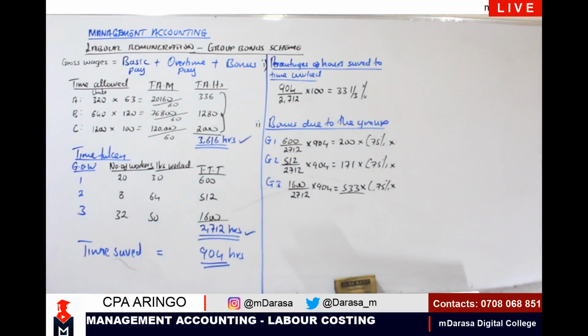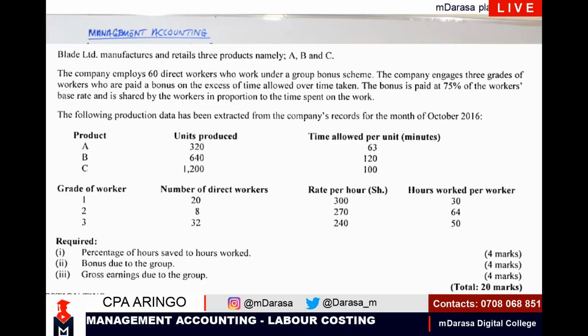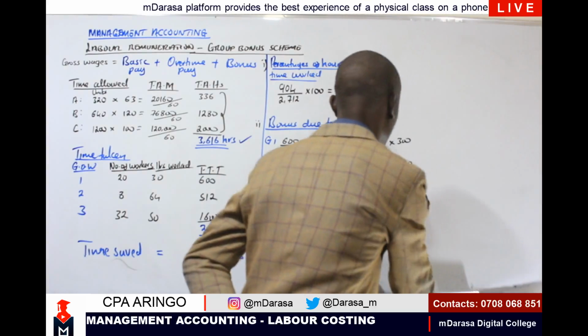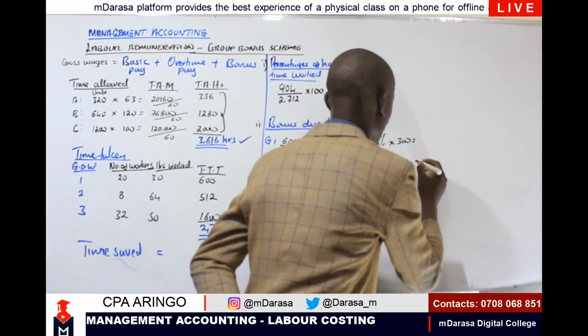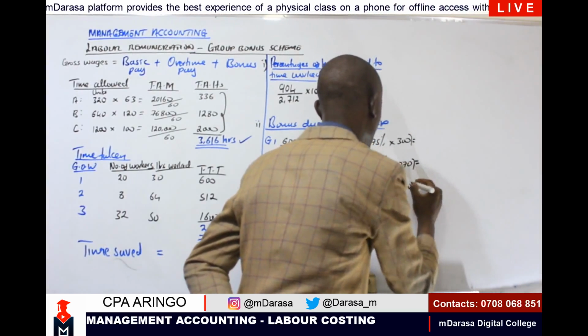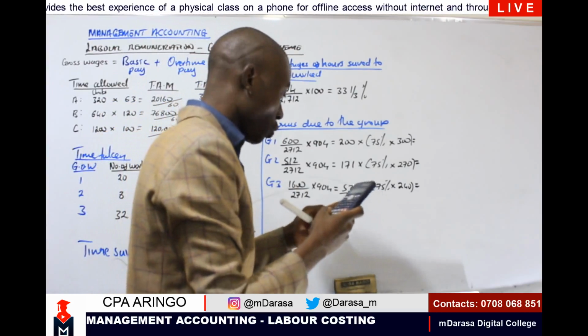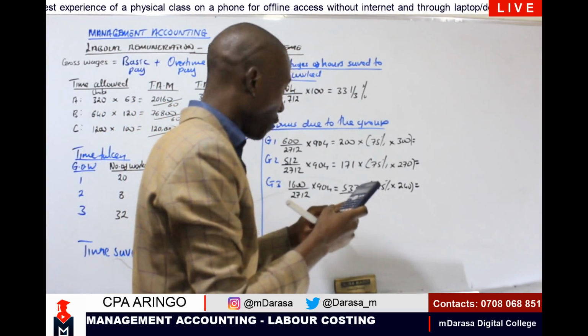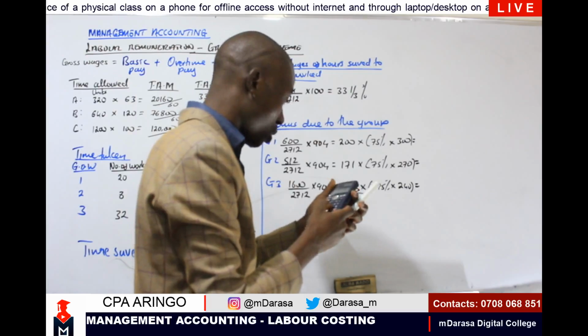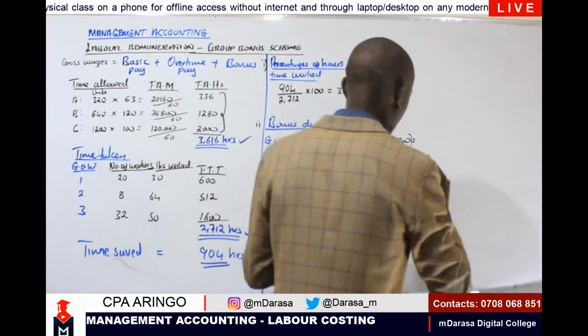And the basic rate for each group, this is what we were given: group 1, 300, group 2, 270, and group 3, 240. So that case, that should give us how much, my good students? The first case, I'm having 200 multiplied by 0.75 times 300. So therefore we should be talking of how much? 45,000.